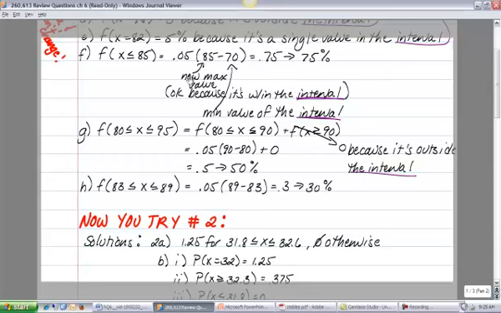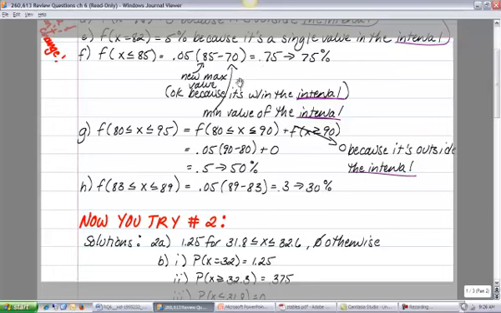So I take my new maximum value of 85 and subtract that from the minimum value of the interval, which is 70. So 85 minus 70 times the probability that occurs for all values within that interval. So there is a 75% chance that my value will be between 70 and 85.